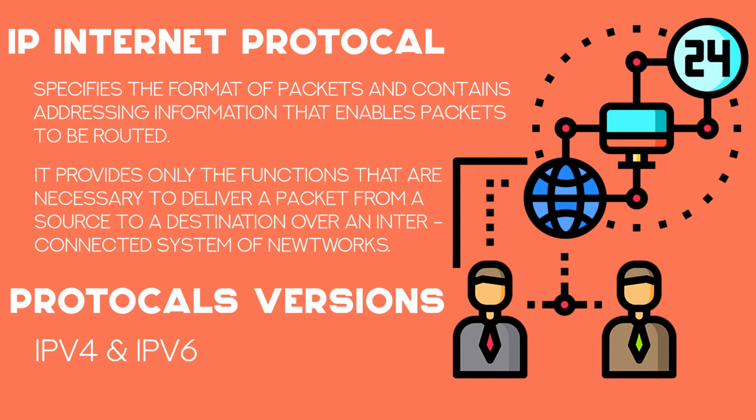The main job of the Internet Protocol is to provide only the functions necessary to deliver a packet from a source to a destination over an interconnected network. The purpose of this protocol is to make sure that packets get sent out and reach the destination safely as well as efficiently.